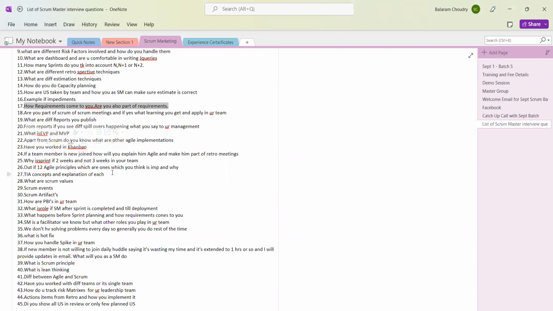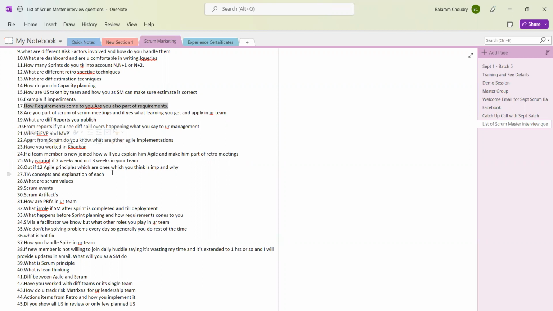Let's say for the next 2 to 3 sprints, if 2 to 3 epics are planned, then all those epics are broken down into user stories and taken up for the sprints. As an SM, I am not part of the discussions regarding requirements; the PO closely works with the business and gets the requirements. All my requirements come through the PO. Okay, how do requirements come to you?